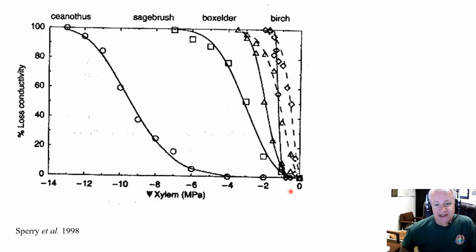Like most physiological data presentations, especially with water potential, because water potential is in negative units, you see variation in how people present these. So in this case, we have water potential presented in absolute units, going from less negative to more negative water potentials. And here, this is a presentation of xylem vulnerability curves for 4 different species.